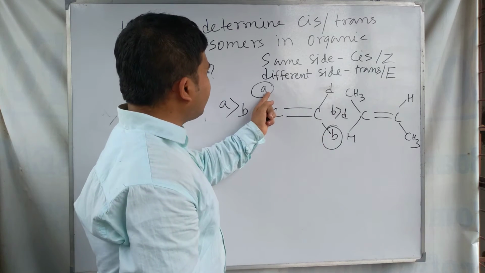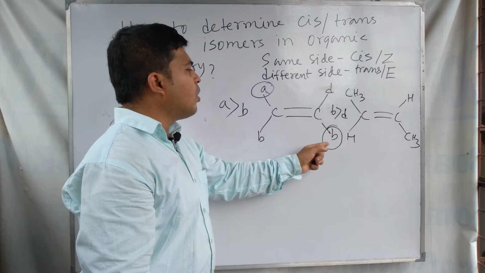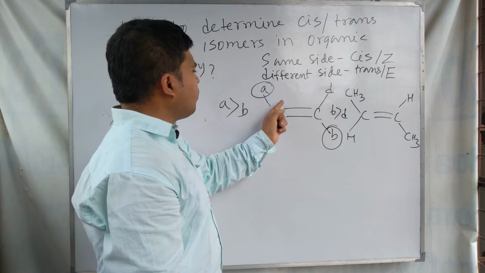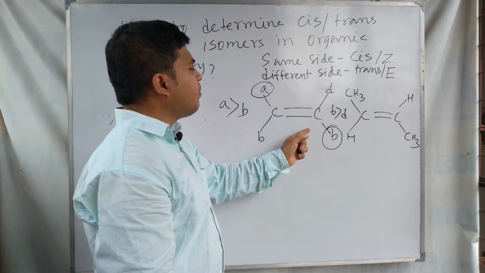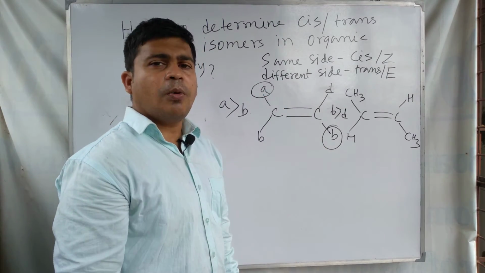So the greater priority groups are on the opposite sides of the double bond. A and B are both on opposite sides.